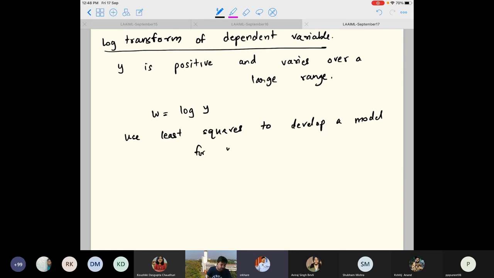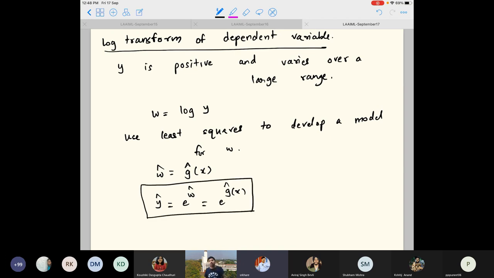So you have w hat equal to this model g hat of x, right? So you develop a model for w, which is g hat. And then how do you go back to the relationship with y? So y hat, they will compute as e to the power w hat, which is nothing but e to the power g hat of x. So this is how they will compute y hat.